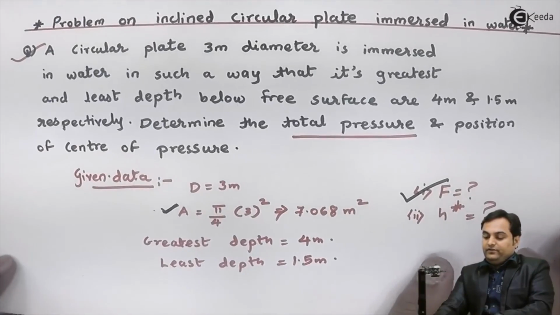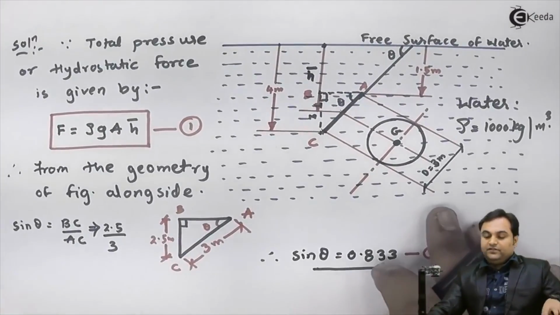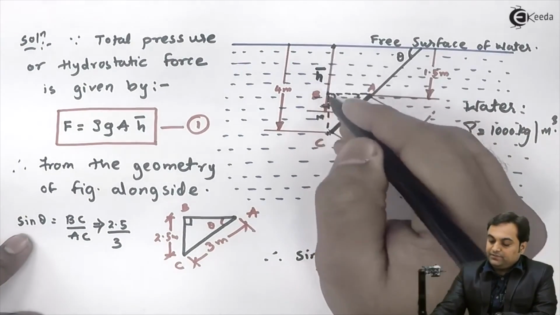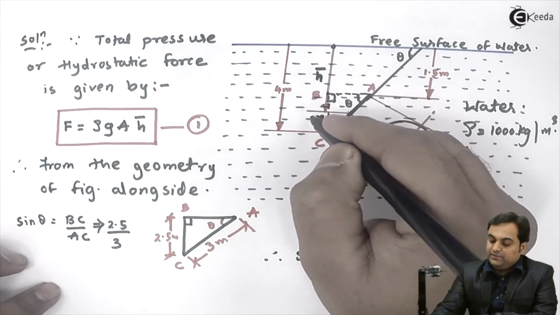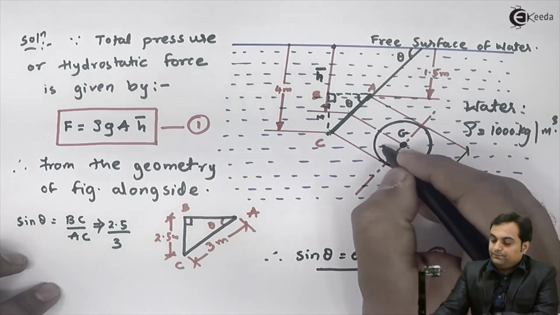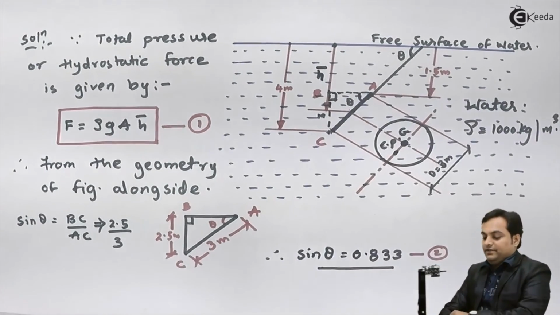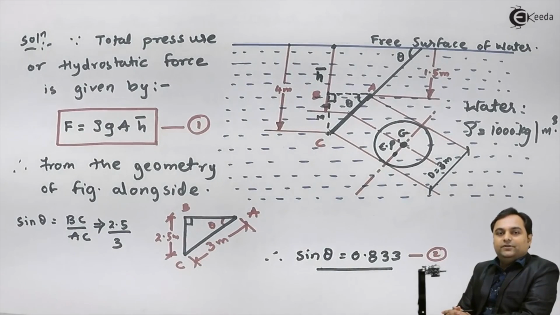That is, at a distance of 2.89 meter from the free surface, the hydrostatic force would be acting. As we see, H bar value was 2.749. So just below this H bar, there would be the center of pressure somewhere here. At this point, the hydrostatic force would be acting. So in this video, we have seen how to calculate the total pressure and center of pressure for an inclined circular plate immersed in water.